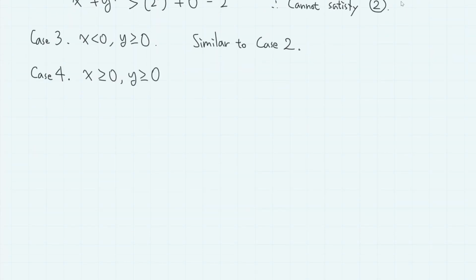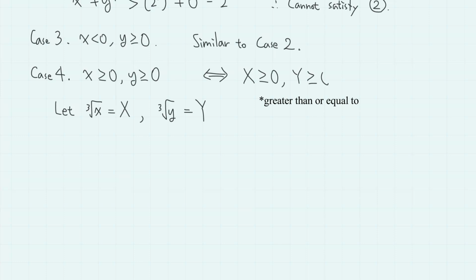Lastly, both x and y are greater than or equal to 0. We need to do some algebra here, and I prefer simpler notation when doing algebra, so let us make a substitution: cube root of x as capital X and cube root of y as capital Y. Then we have the condition capital X is greater than or equal to 0 and capital Y is greater than or equal to 0.